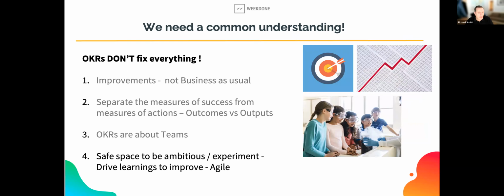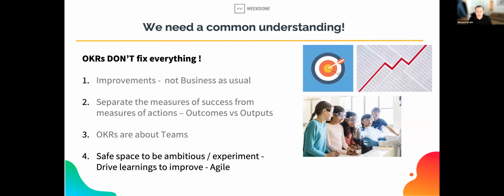The other thing with OKRs is there is safe space. We're meant to be able to be ambitious, try experiments, and really a lot of it is about driving learnings to improve. So it's not just about what do we score? It's really about the space we have to learn and drive improvements for the business. And agile means learning. So OKRs are very much along the agile principles.